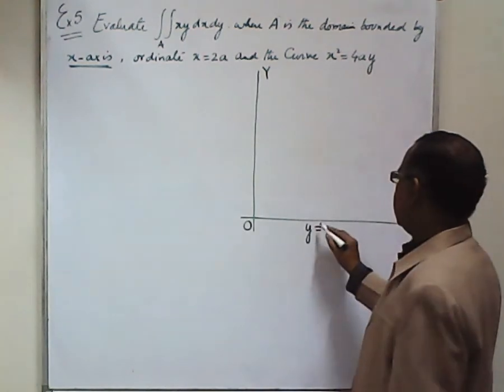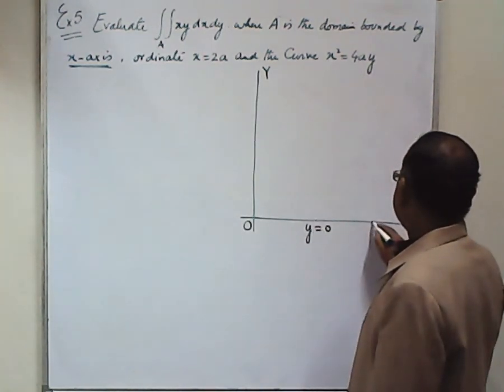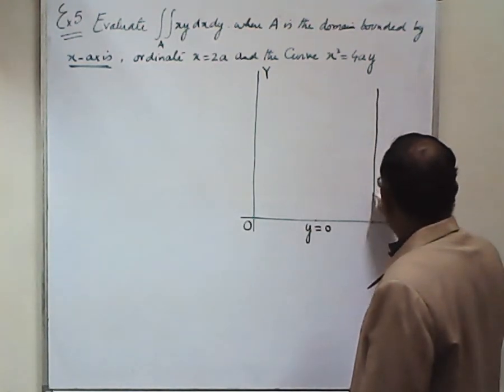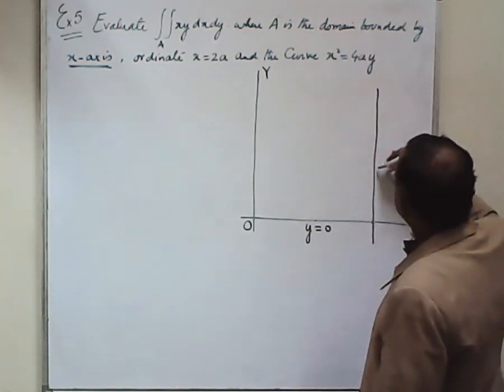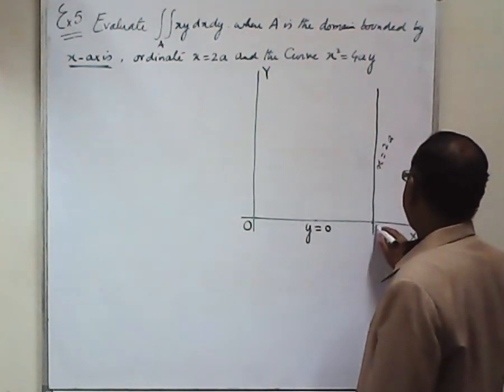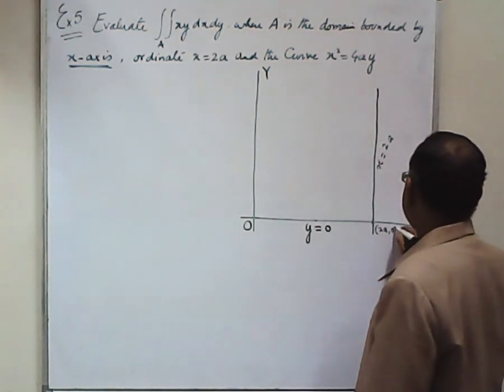So let's say that this is a and this is 2a, so I have the line, this is the line x equal to 2a, so this point becomes (2a, 0).